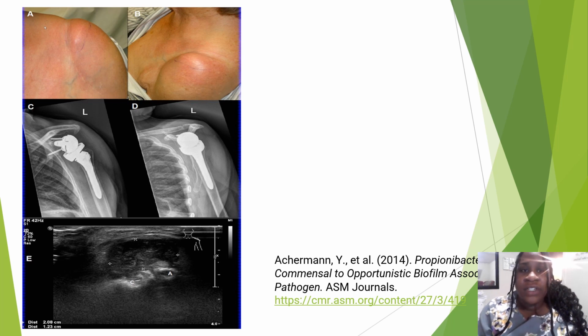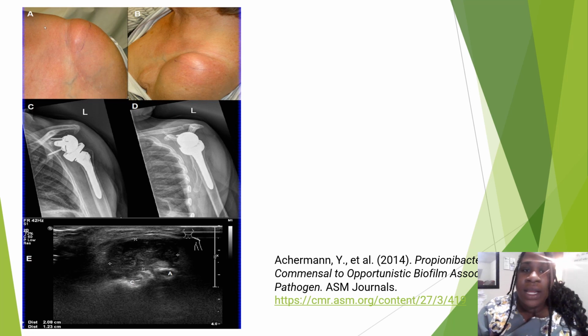Here is an image of a patient whose left shoulder had an abscess formation. This is an 82-year-old woman, 3 months after her primary shoulder surgery.